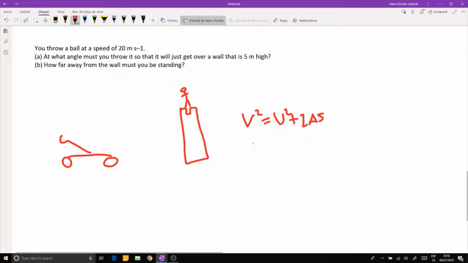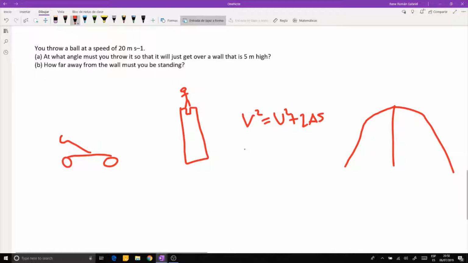By knowing this, final velocity, since when you throw it, it goes up, then right at the highest point it'll stop, and then it will fall again. So the final velocity will be 0. So let's just write that.